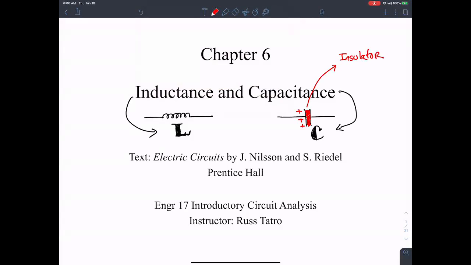When you have positive and negative charges separated by some insulator, that's the construction of a capacitance. Simply separation of charges.